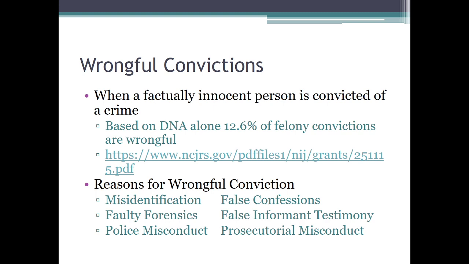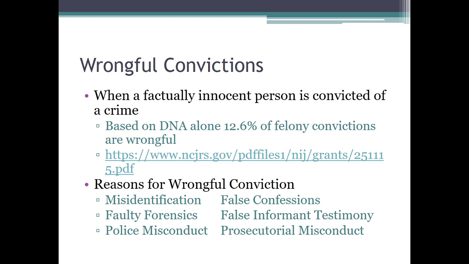Faulty forensics. Sometimes we get it wrong. I mean, we say fingerprints are really accurate, and that's true. But very often we don't have a complete fingerprint. We have part of it. We have a number of points on the fingerprint that agree. Sometimes we have police misconduct. Sometimes we have false confessions. Sometimes people will confess to crimes they didn't commit for different reasons.